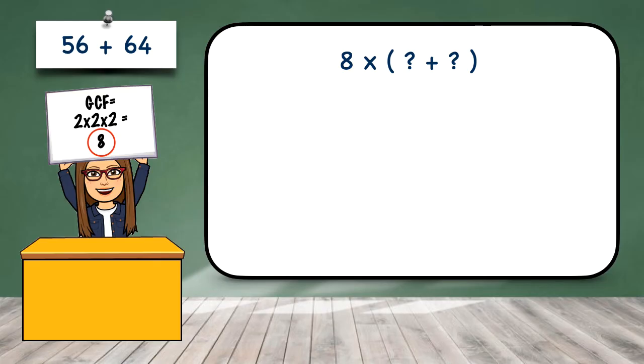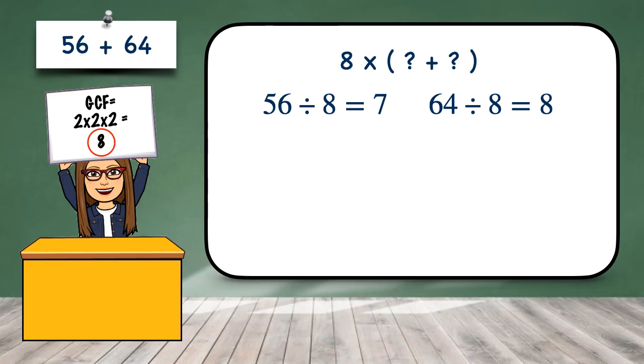So you can see here I have 8 times something plus something else. Those two somethings inside the parentheses are going to come from the quotient of 56 divided by 8 and 64 divided by 8. So here we have 56 divided by 8, that equals 7, and 64 divided by 8, that equals 8.